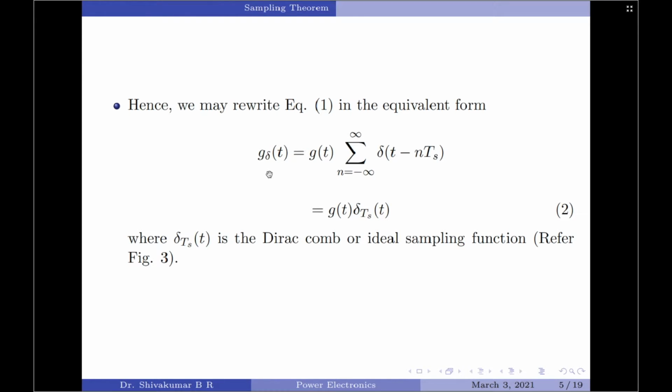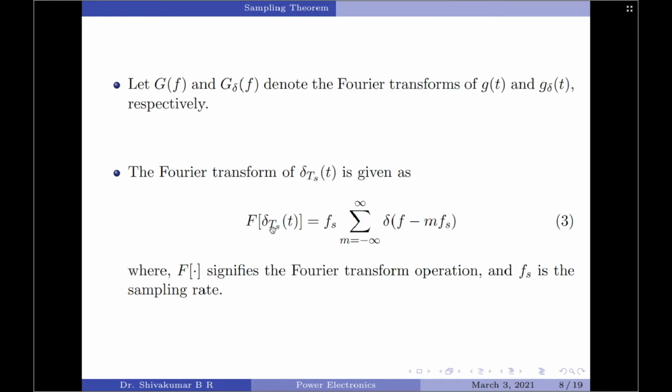Now, if I apply the Fourier transform to equation 2, I would require the Fourier transform of delta Ts of t, and this is given by Fs multiplied by summation m varying from minus infinity to plus infinity delta of f minus mFs. Here Fs is the sampling rate.